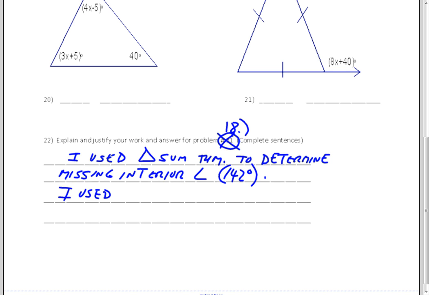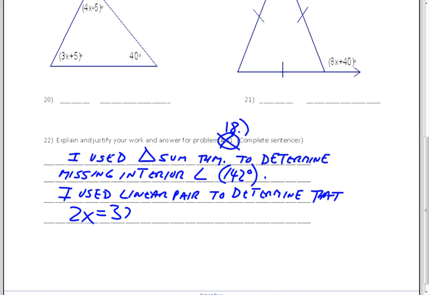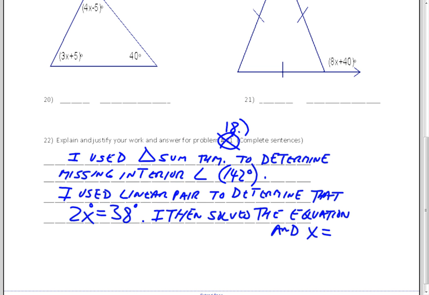I used linear pair to determine that 2x equals 38. I then solved the equation, and x equals 19.